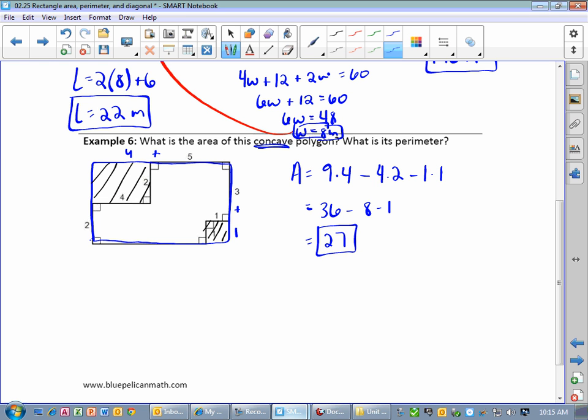And then for the perimeter, well, we want to add up all of the sides. So we just want to be sure that we don't include a side twice is basically the idea. And so this time we're actually just going around the figure. We're not including the whole thing. So I'll start with this. So we've got 3 plus 5 plus, and you may consider crossing out the lengths, whatever system works for you. 2 plus 4 plus 2 plus, how long is this? 8.